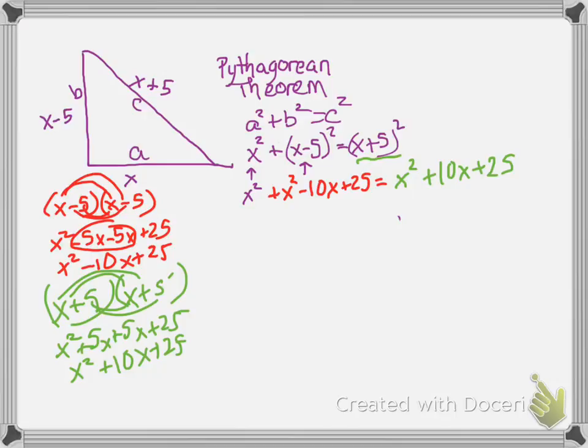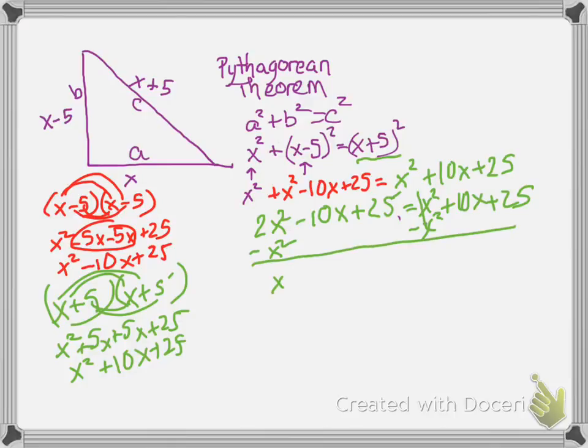Since I have the x squared, I'm going to have to factor it. So if I'm going to factor it, I need everything on one side. I'm going to go ahead and put these together. So these make 2x squared minus 10x plus 25 equals x squared plus 10x plus 25. I'm going to move my x squared over by subtracting it.